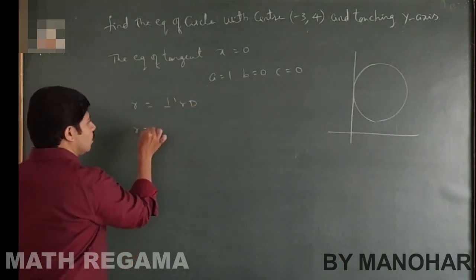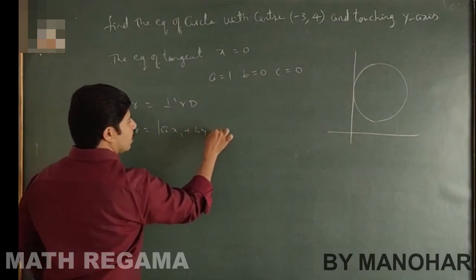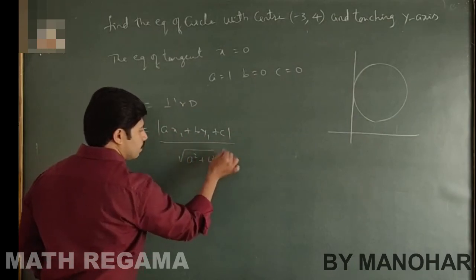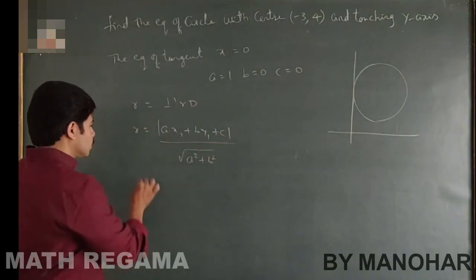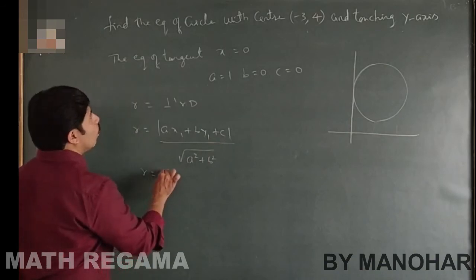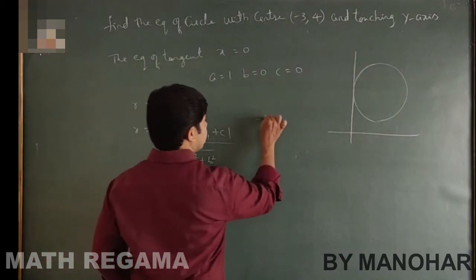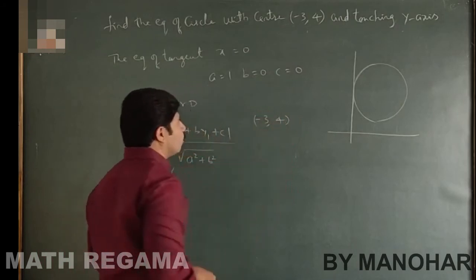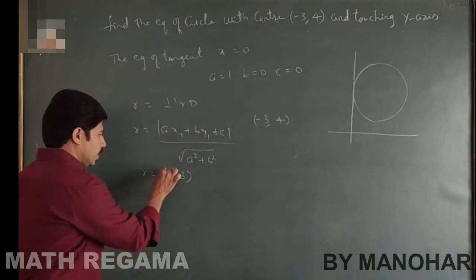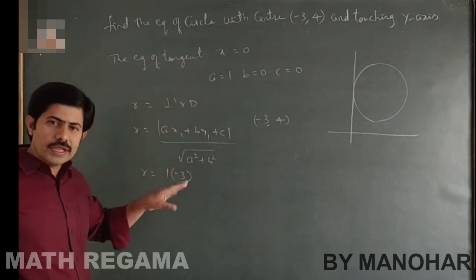So radius is equal to the perpendicular distance, (a x1 plus b y1 plus c) by under root of (a square plus b square). This is r. So r is equal to a x1, 1 into the center, which is minus 3, 4. See, I write here, center is (minus 3, 4). So 1 into minus 3, and the b value is 0, c value is 0. 0 into anything is 0.